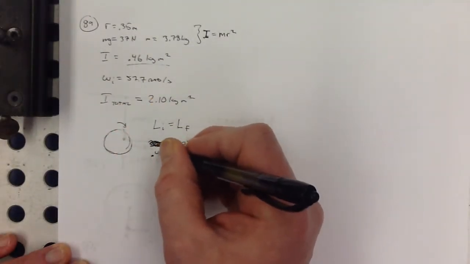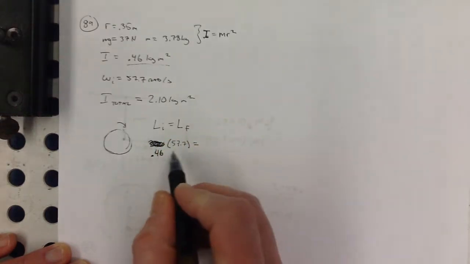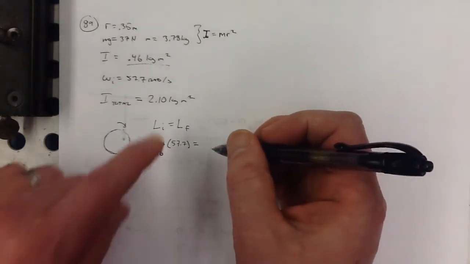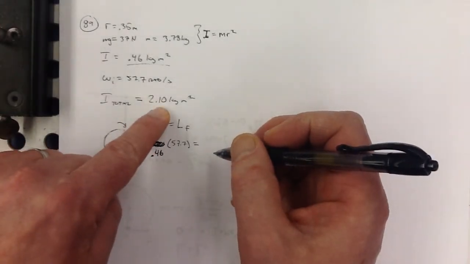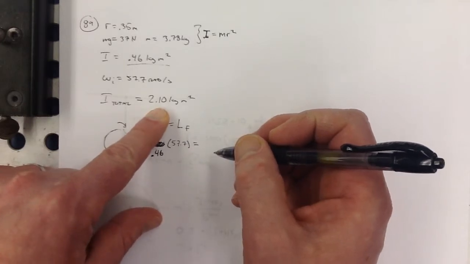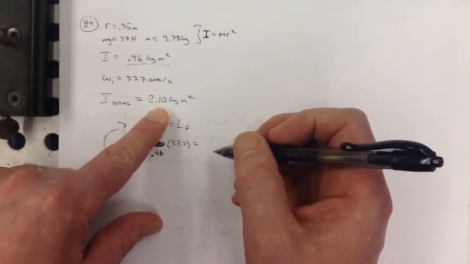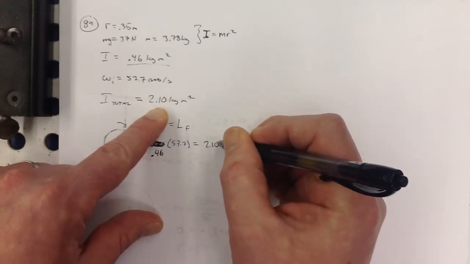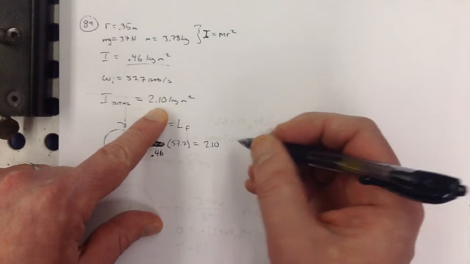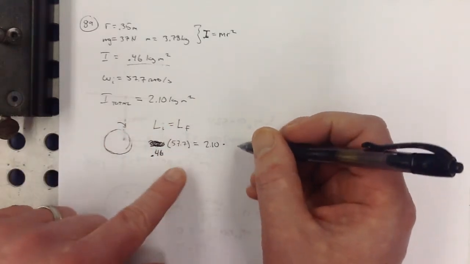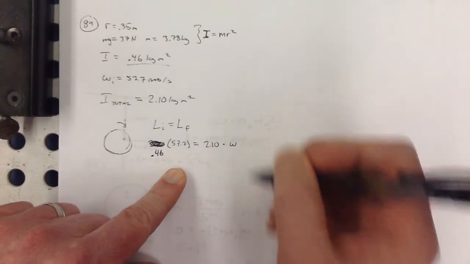So the wheel's rotating, not him, just the wheel, at 57.7 radians per second. And then afterwards, when he grabs hold of it, basically what he's done is he's sort of coupled himself to the wheel so that they must rotate together. So now, whatever rotation there is, it's the total that is going to need to rotate, and that's what we're looking for there.